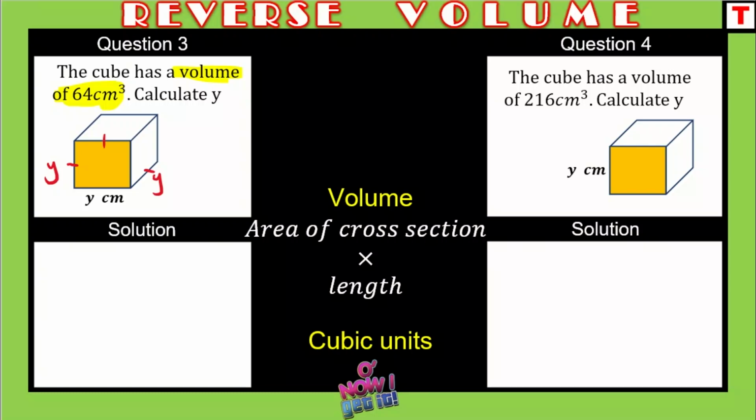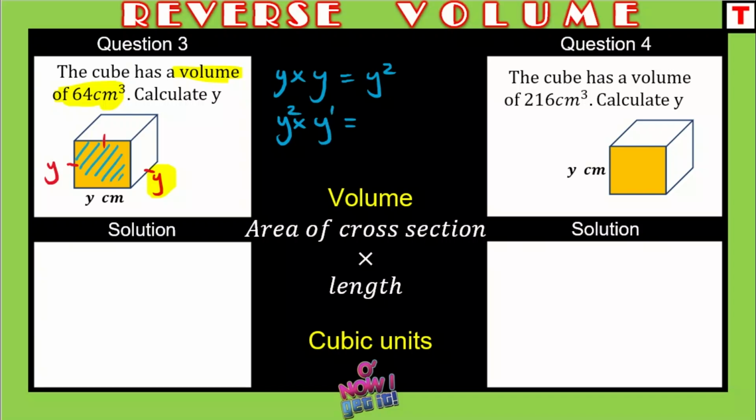So when we are going to be finding the area of the cross section, we need the area right here for the cross section, we can see that we're going to be multiplying y times y, which is going to give us y squared. So that would be the area of the cross section, and then we multiply it by how long the shape is. And again, we can see that the length of the shape is going to be y.